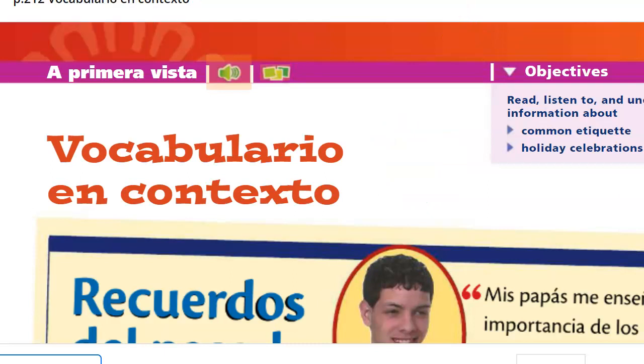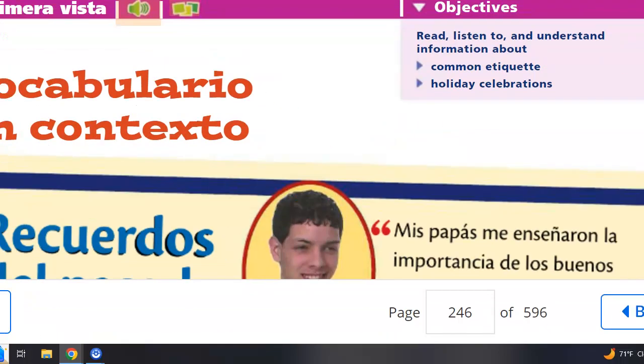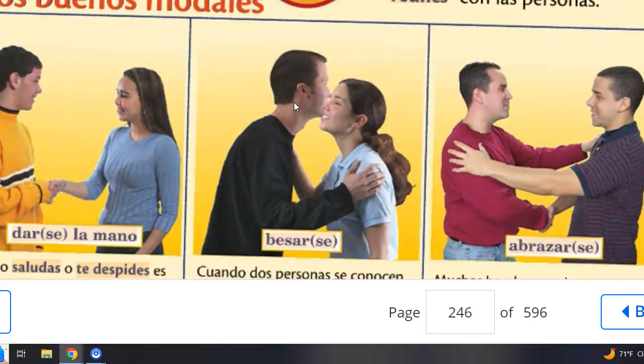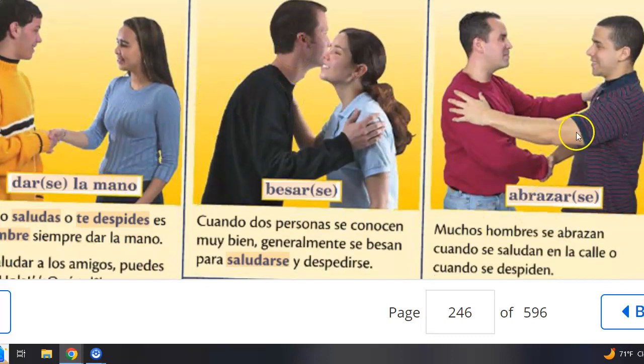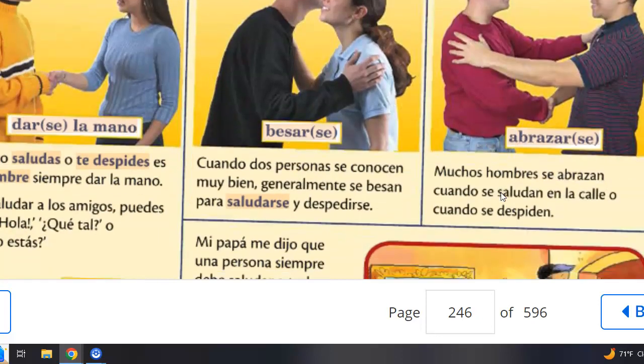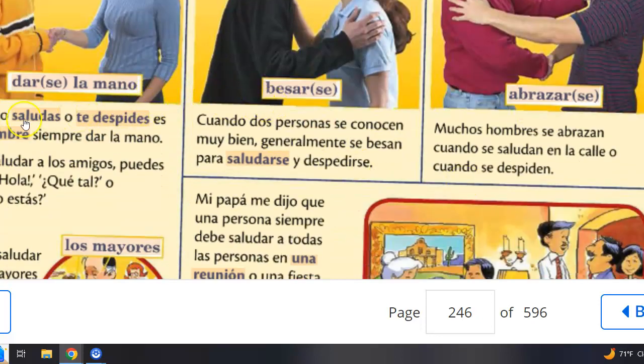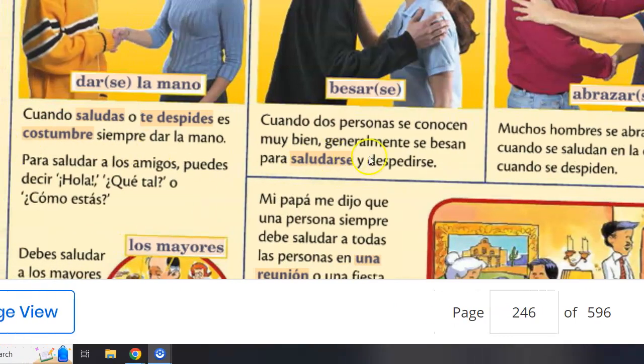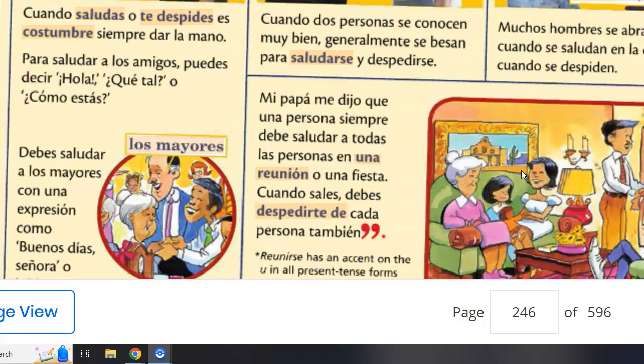So if we take a look at the key vocabulary, which we will, today on page 212 and 213, we're going to highlight ways that we greet one another and embrace one another. You can see the pictures there and some of the captions, how we greet one another based upon our friend or family relationship.